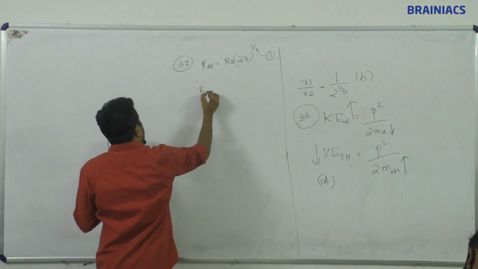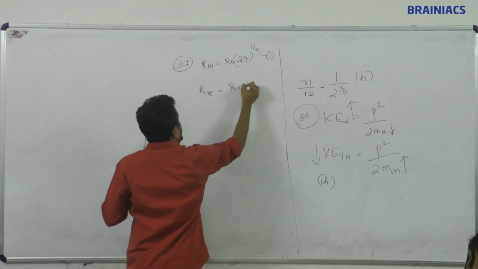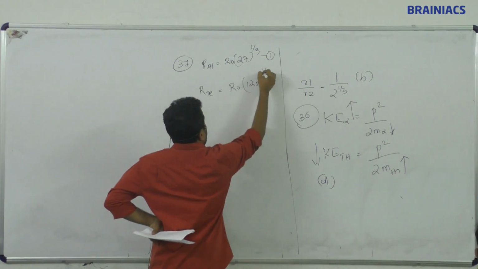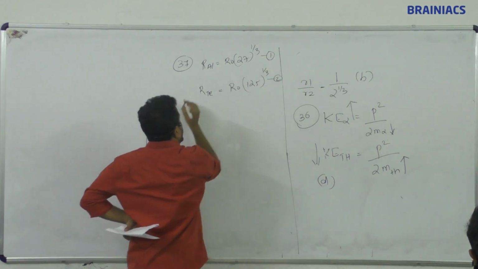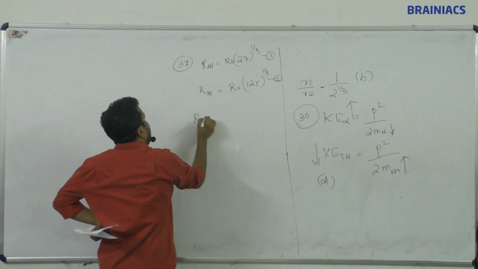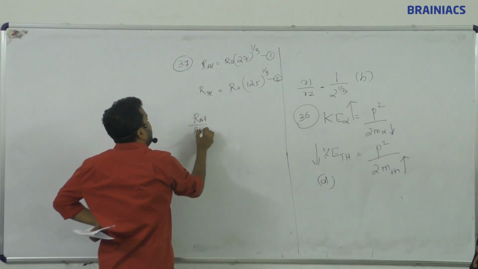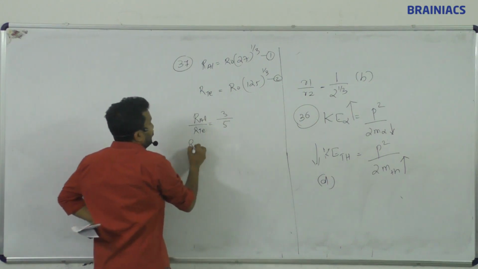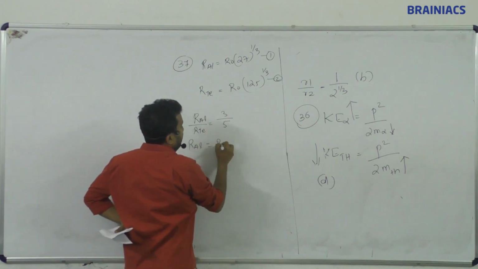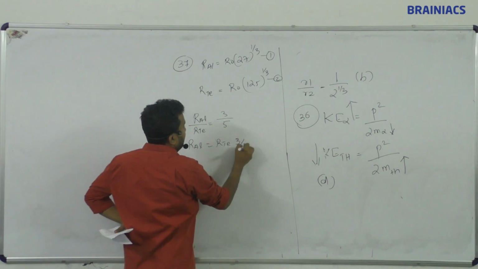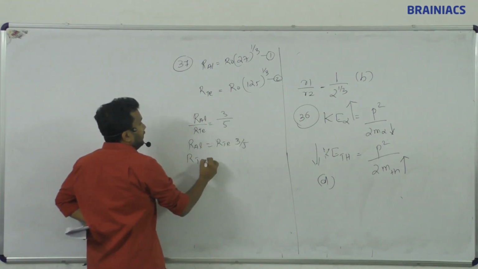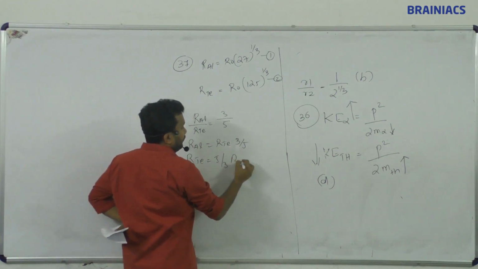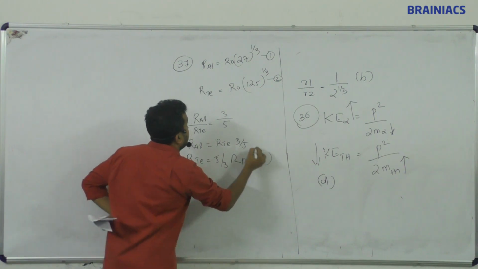And R for Te is equal to R0 into 125 raised to 1 by 3, equation 2. Dividing both equations, RAL divided by RTE is equal to 3 by 5, R0 cancels. So RTE equal to 5 by 3 times RAL, option A.